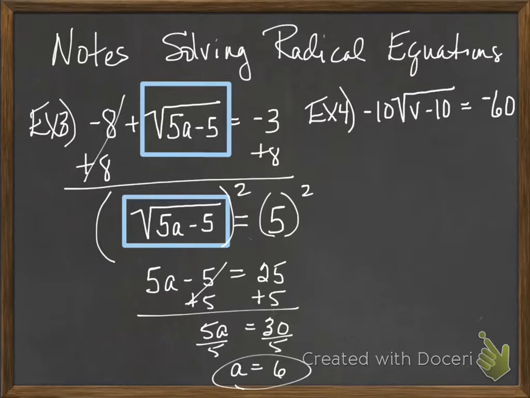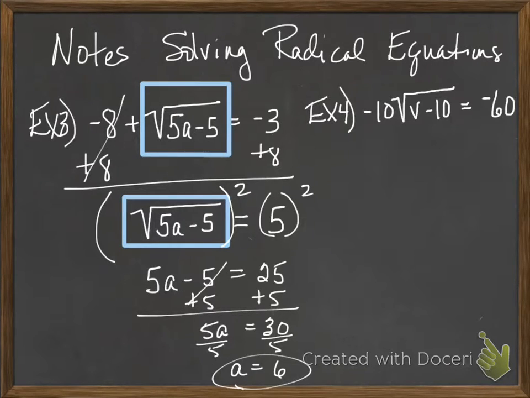So example 4, negative 10 times square root of v minus 10 is equal to negative 60.